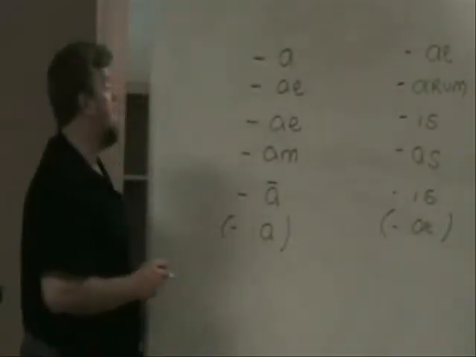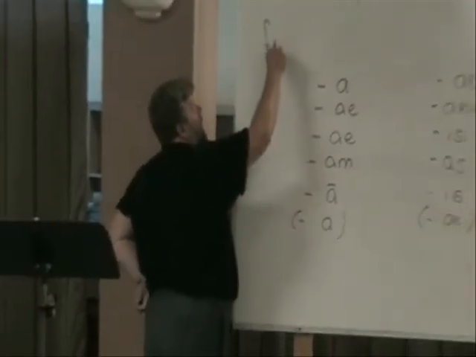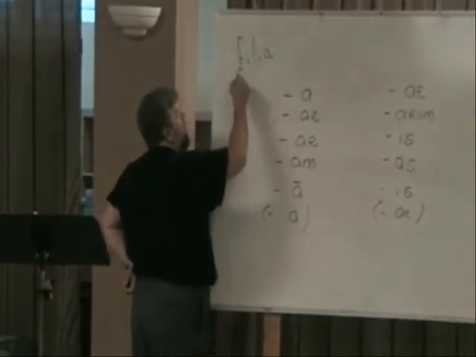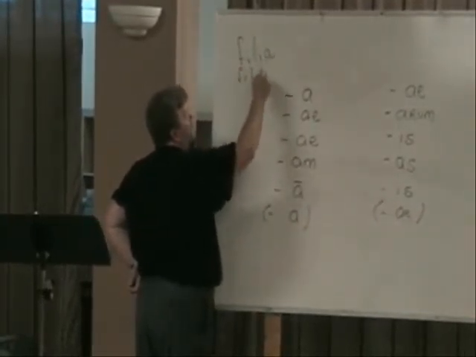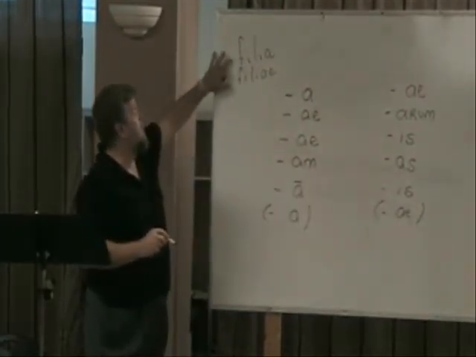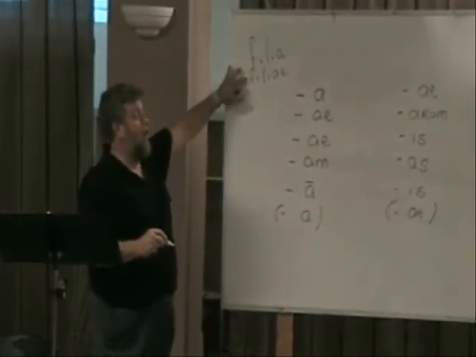These are the case endings if we wish to decline the noun filia. This is the dictionary entry, nominative singular, genitive singular. We derive the stem, as you recall, in the following way.